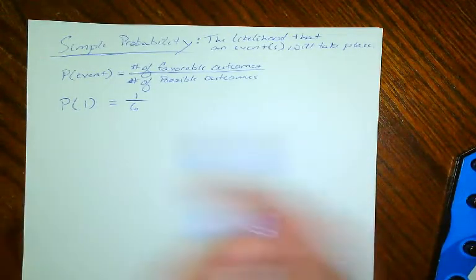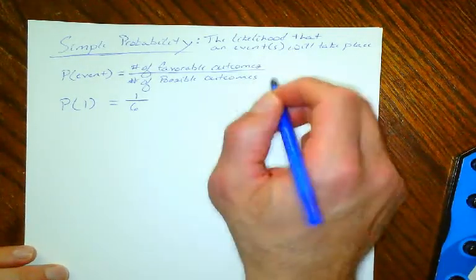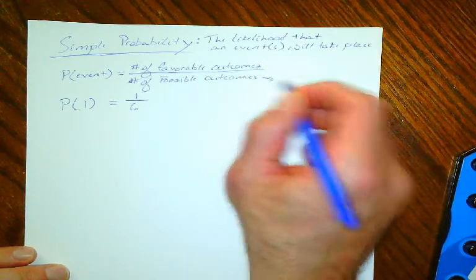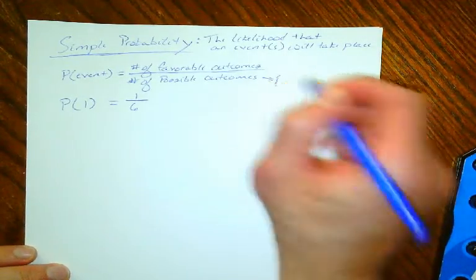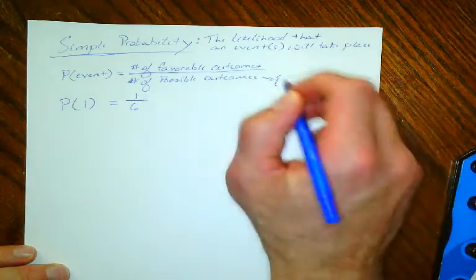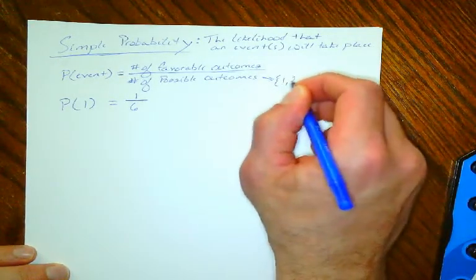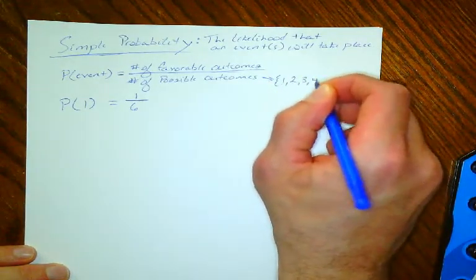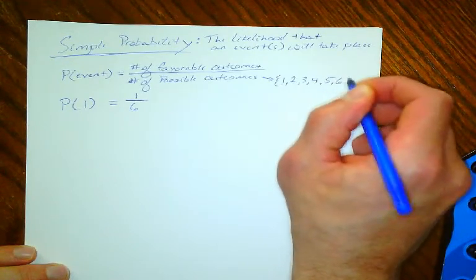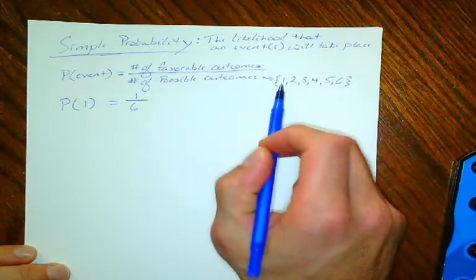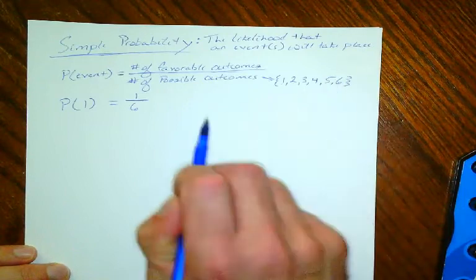Now if you need to see that in a different manner, I could write all my possible outcomes as a sample space. Alright, so I could just come up with a list. I could get an outcome of a 1, a 2, a 3, a 4, a 5, or a 6. Alright, so I have 6 possible outcomes.